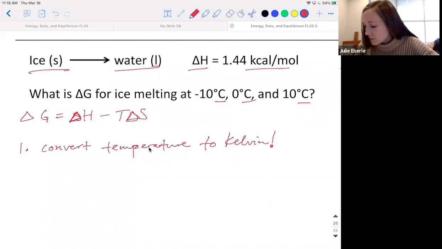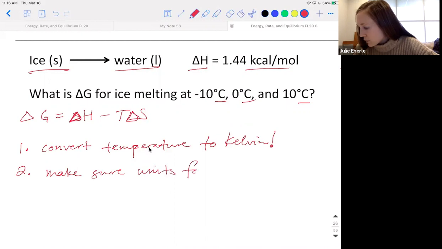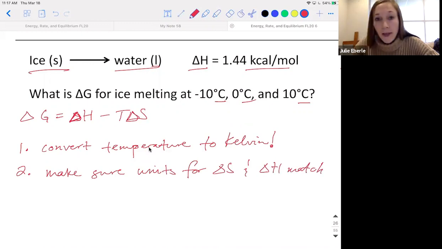And then number 2, we have to make sure the units for delta S and delta H match. Make sure they're either both kilocalories or both calories.